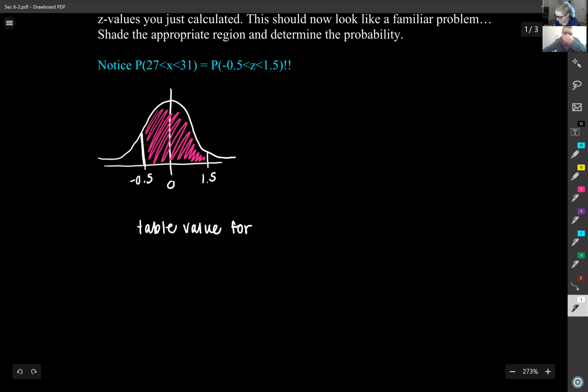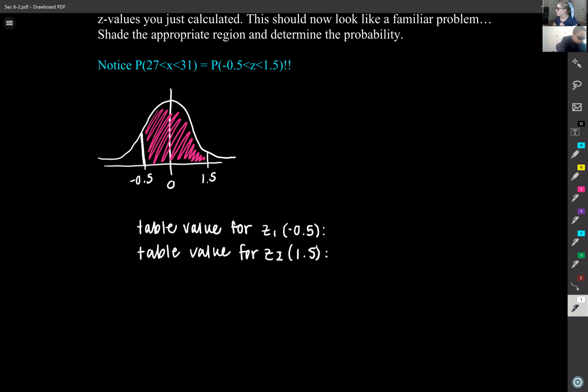So we want the table value for z1, which is negative 0.5, and then we also want the table value for z2, which is 1.5. To do this, we just need to go to those handy tables that I gave you last time and showed you how to use. So let's do that.